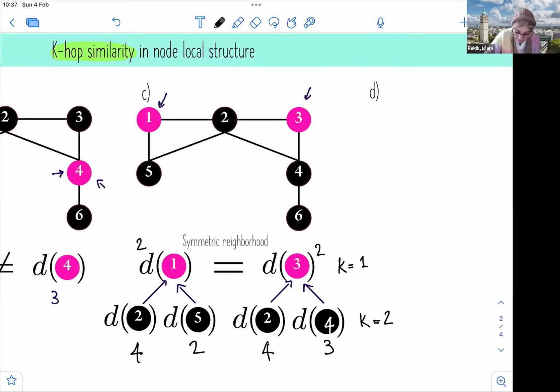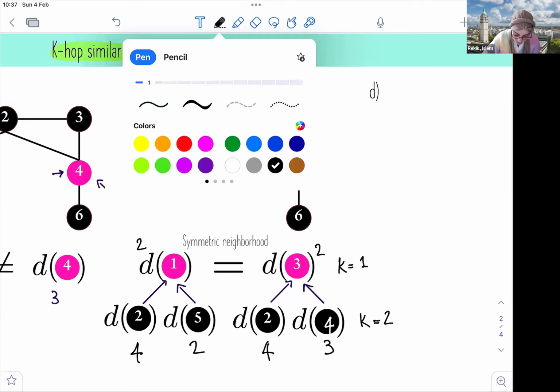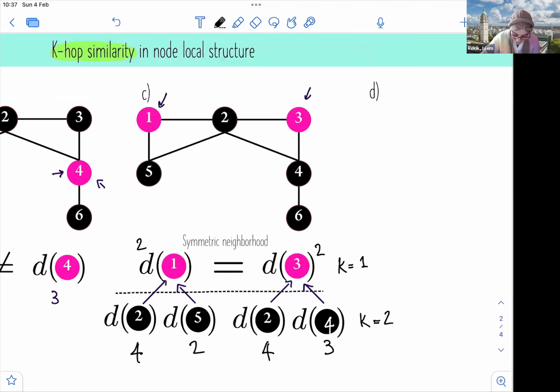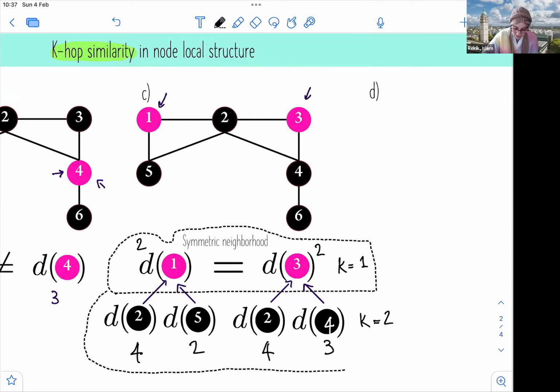So although these two have symmetric neighborhoods at this layer, okay, so this is symmetric up to this layer. If we stop at K equals 1, we can see that these nodes have symmetric neighborhoods. They have the same topology for K equals 1. As at K equals 2, as we go deeper, we can see the divergence, right?